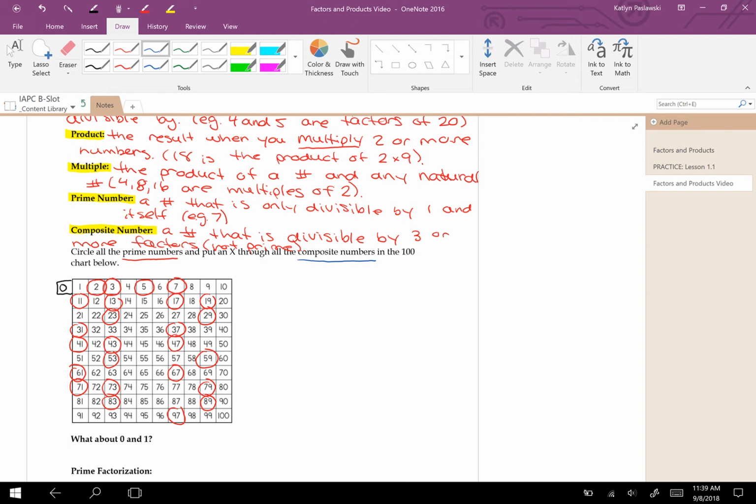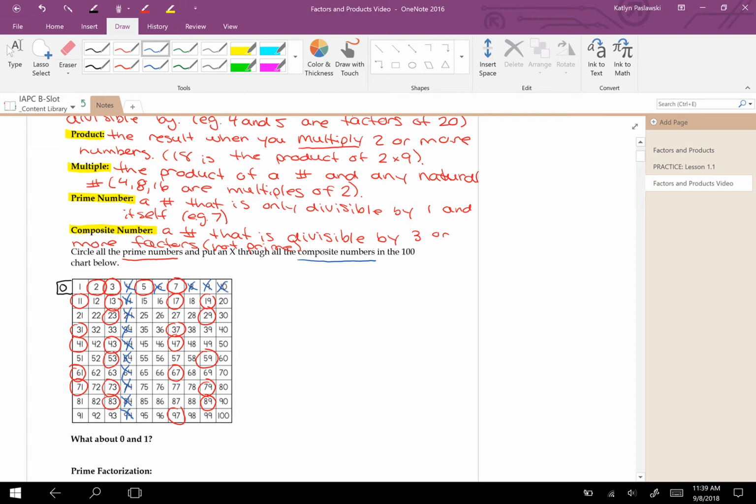Now when we have to look at divisible by 3 or more factors, we know that 0 and 1 can't be divided by 3 or more factors, but 4 can. And if we know that 4 is an even number, all down this column are all divisible by 3 or more numbers. 6, 8, 9 can be divided by 3, 10 can be divided by 2 and by 5.